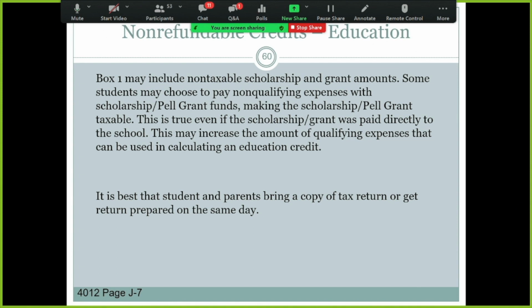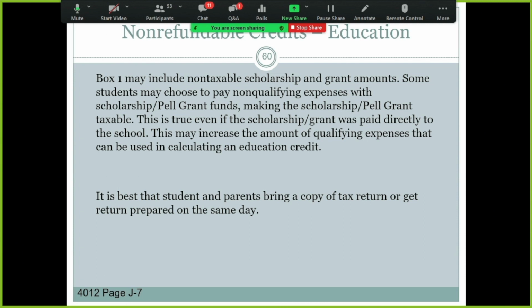Where do we get the information regarding the expenses? Generally, the school will issue a form, and box 1 may include non-taxable scholarships and grant amounts. Some students may choose to pay non-qualifying expenses with scholarships or Pell Grants, making the scholarship or Pell Grant taxable.